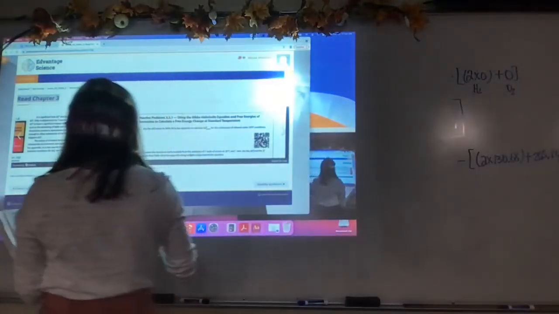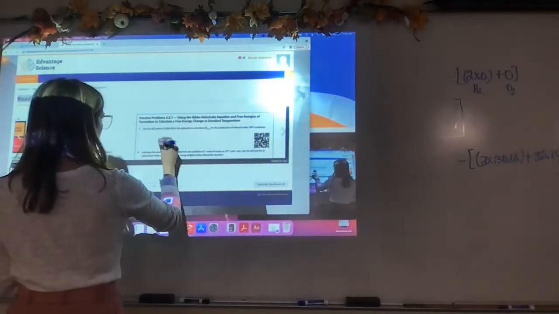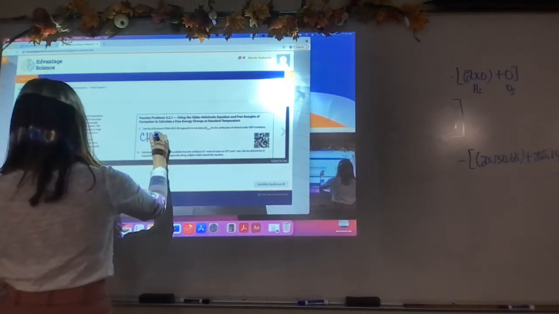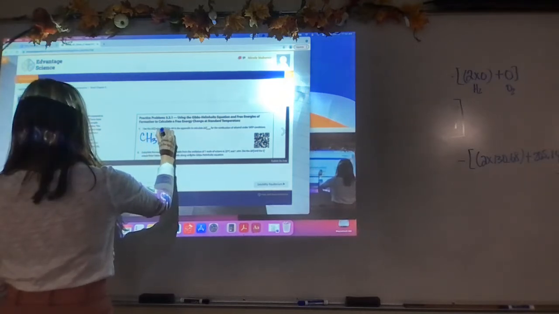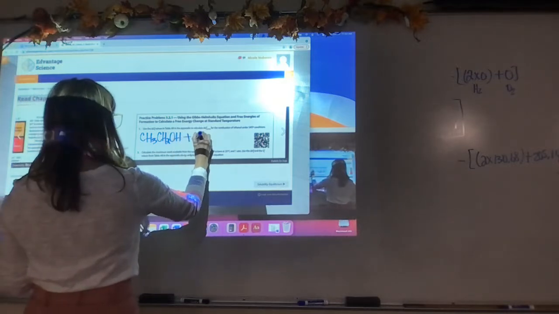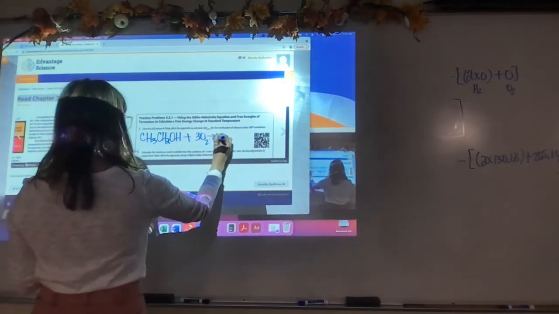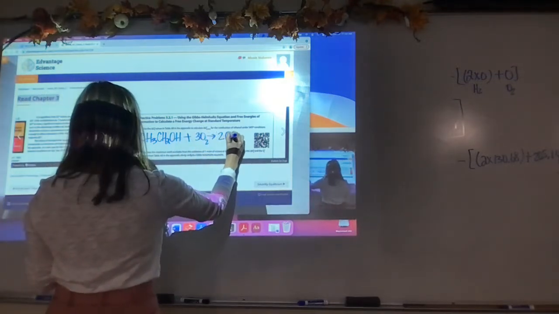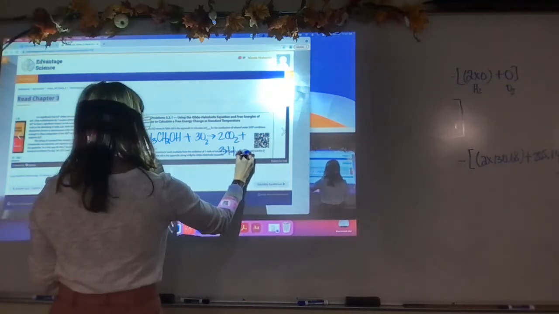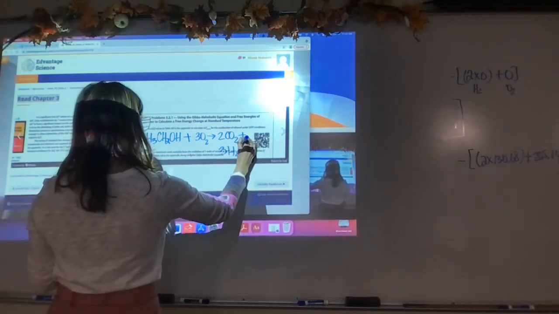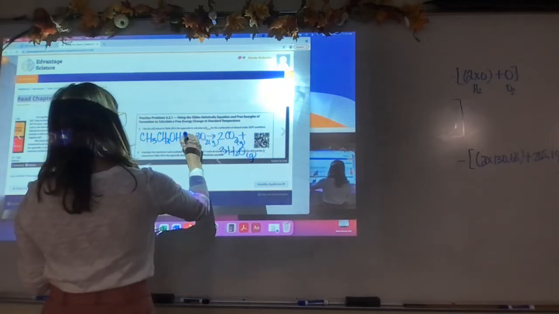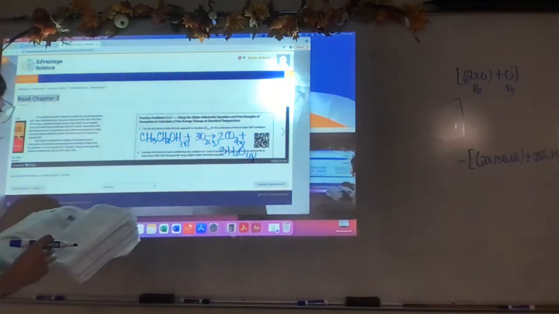Okay, so here we need to write out our balanced chemical equation. This is going to be ethanol, which is CH3CH2OH, plus oxygen. When it's balanced, there's a 3 in front of it, plus 2 carbon dioxide and 3 water vapor. So I'm putting the states of matter in here so that you can use that when you go to look up the standard values.